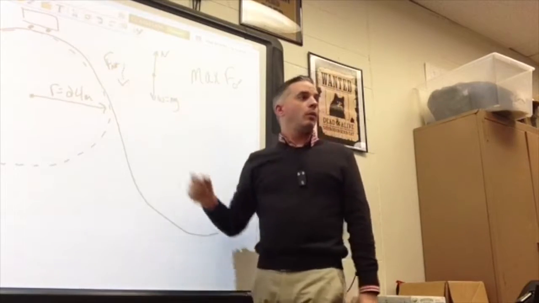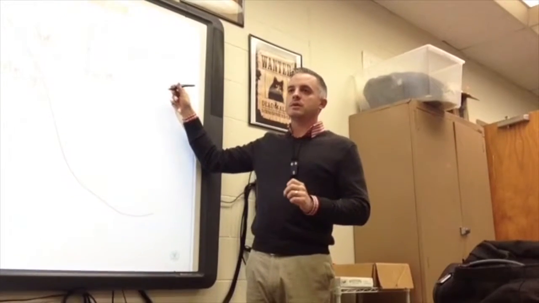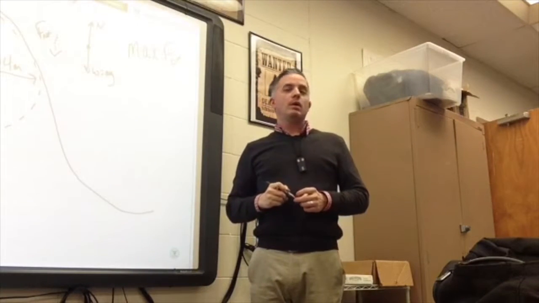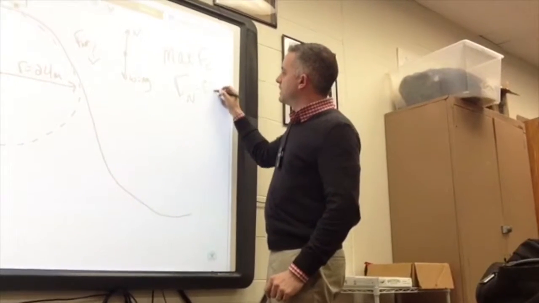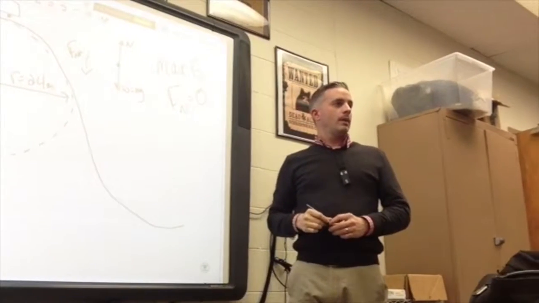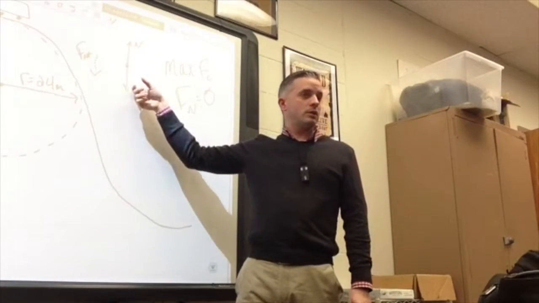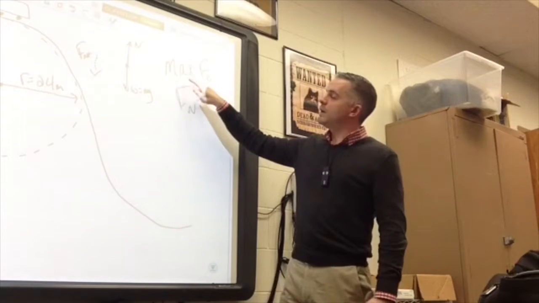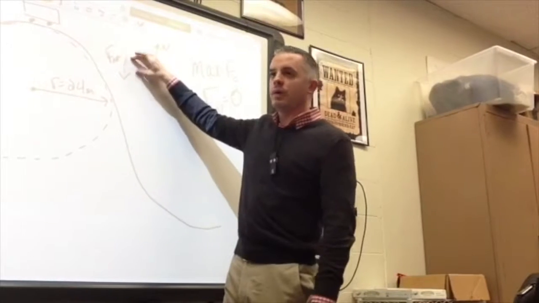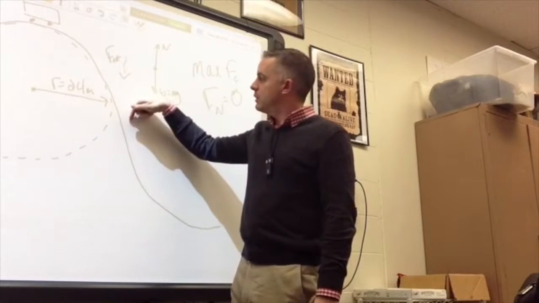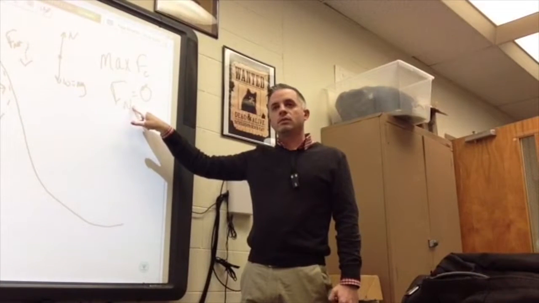When the normal force is equal to 0. Because the normal force can change, but weight's not going to change. So we get that maximum centripetal force, that leftover force pointed radially inward, when the normal force goes to 0.